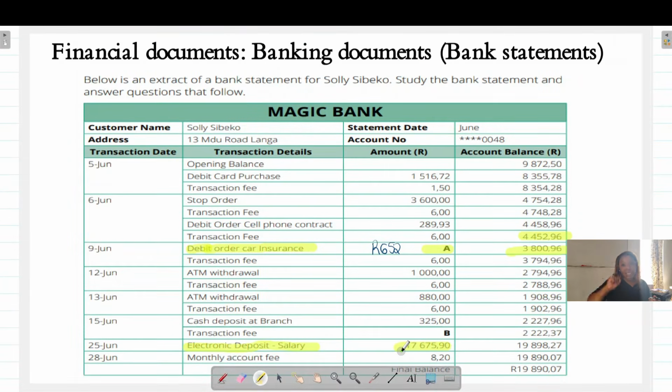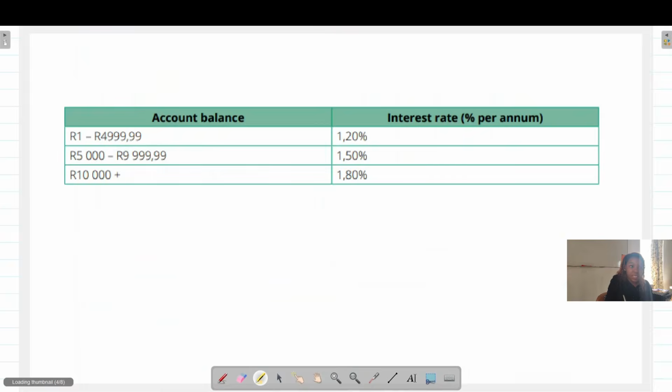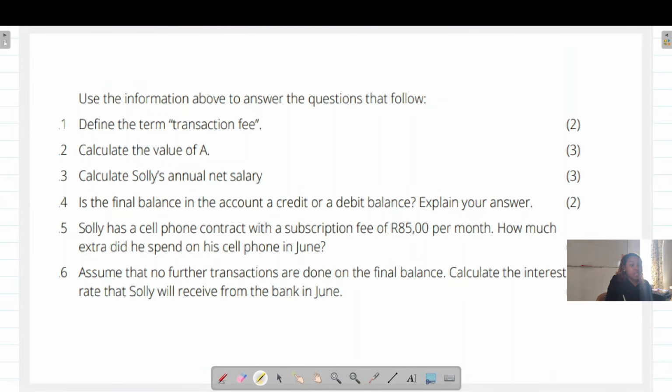If it's a deposit, we know that money is getting put into your account in this context. So money was added into Mr. Solly Sibuko's account, and it was his salary. His monthly salary is 17,675.90. But in the question, they want us to calculate his net salary.